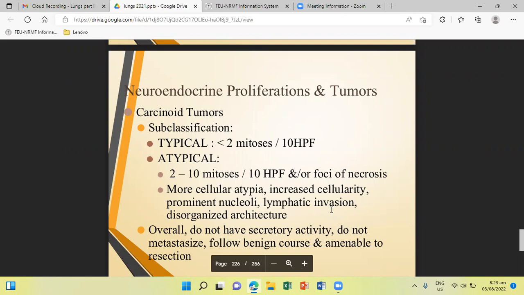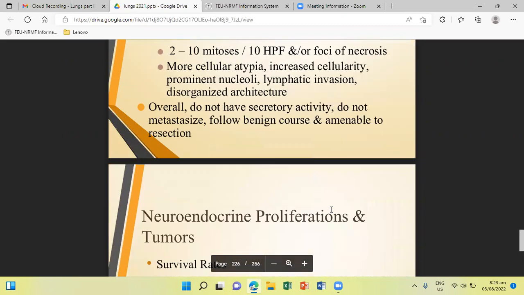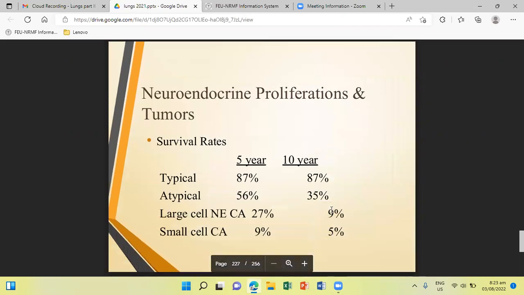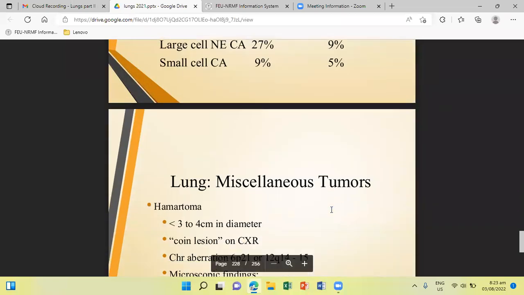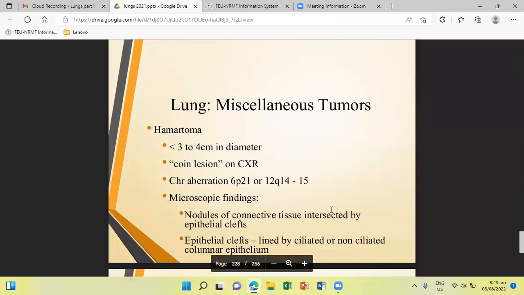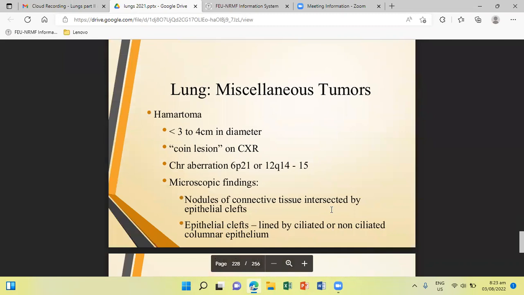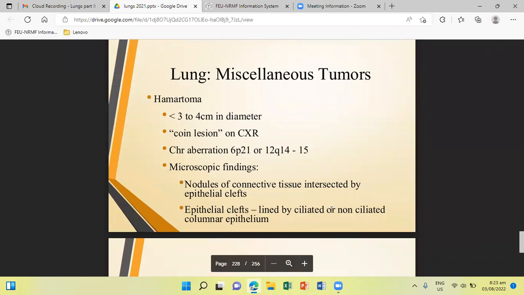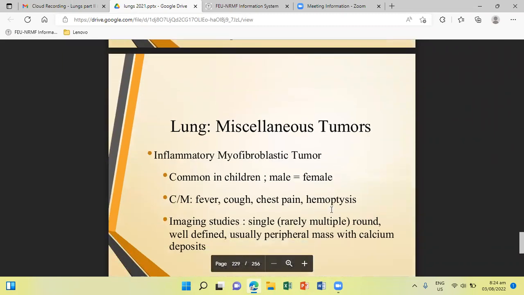And if this is present, then we categorize it as atypical. Why? Because prognosis-wise, it is again very important. Now, there are also miscellaneous tumors, like, for example, hamartoma and inflammatory myofibroblastic tumor.